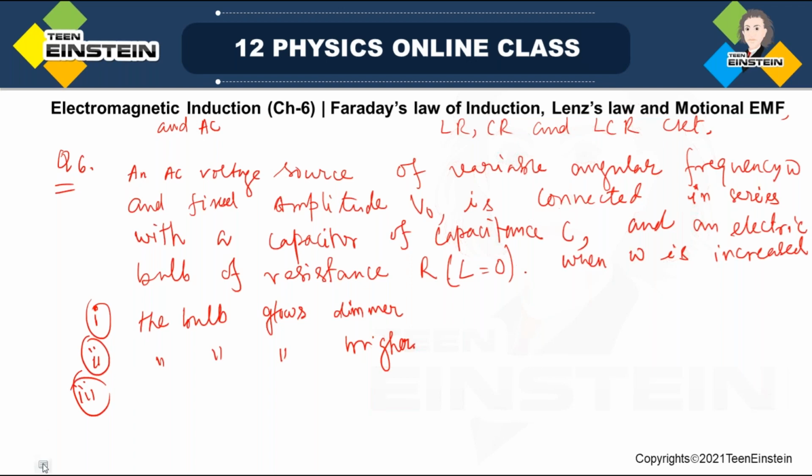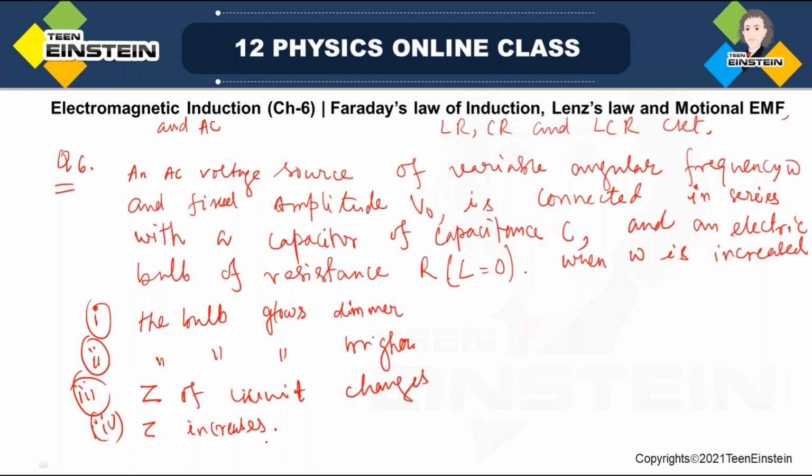Option 3, total impedance of the circuit unchanged. Option 4, total impedance of the circuit increases. That means Z increases. Okay, so these are the options. You have to answer this question.